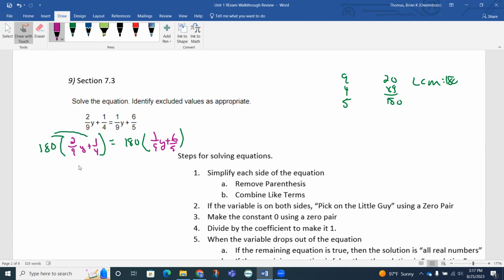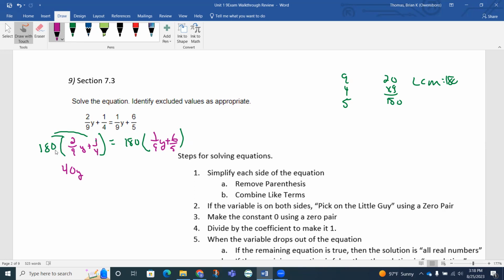The reason we multiply by 180 is that we want it to cancel with the denominators. Notice that 9 does go into 180, and that's 20. So we multiply 20 through the 2y: 20 times 2 times y is 40y. Then we multiply the 180 by the 1/4.